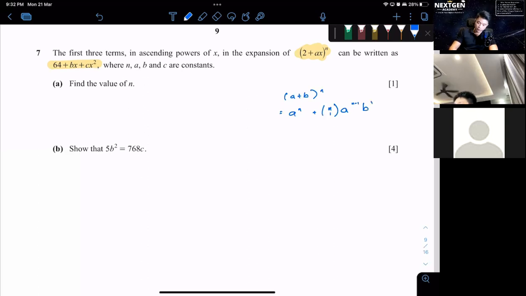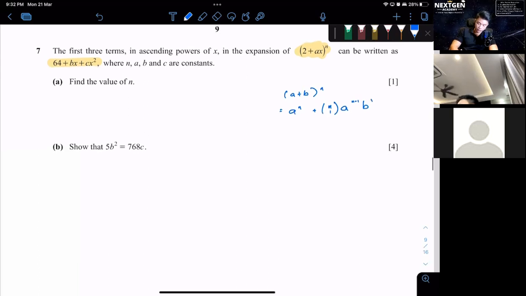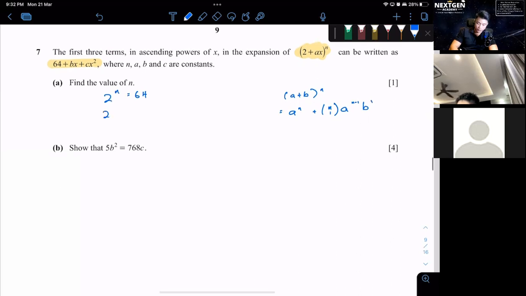So we know that the first term will give me a to the power of n. So a is what? 2, right? So 2 to the power of n will be equals to 64, where 2 to the power n is also 2 to the power of 6. So n equals to 6.